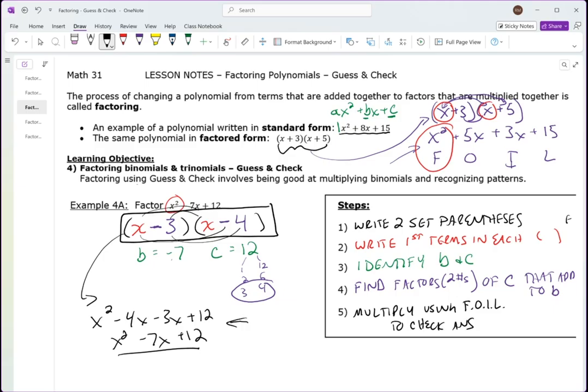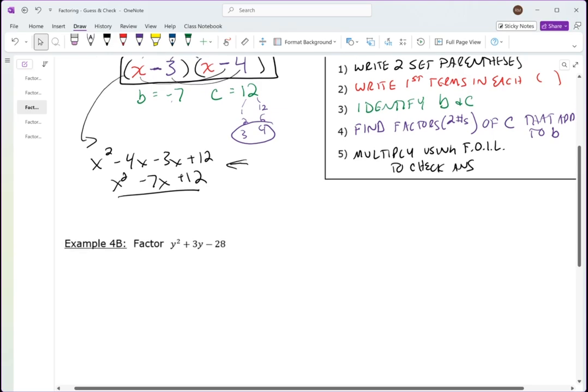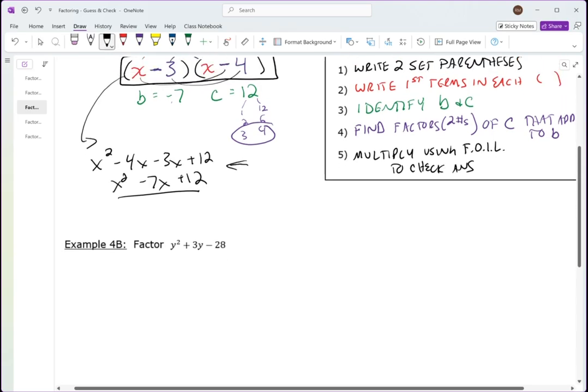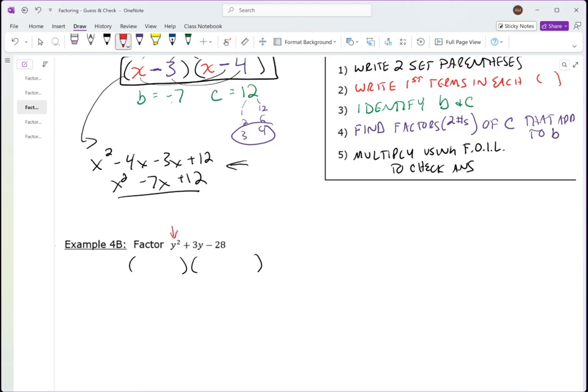So let's go ahead and try this method a few more times. Again, the first thing I'm going to do is write out a couple sets of parentheses. Then I'm going to write the first term of each. Again, this works best when A is equal to 1. Otherwise, it becomes a lot harder. So we're going to do y and y.